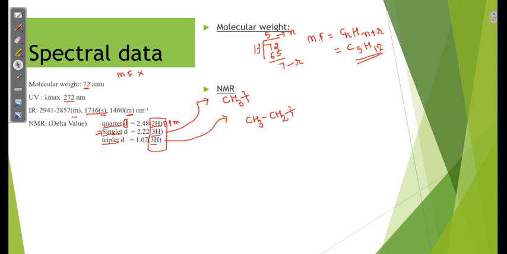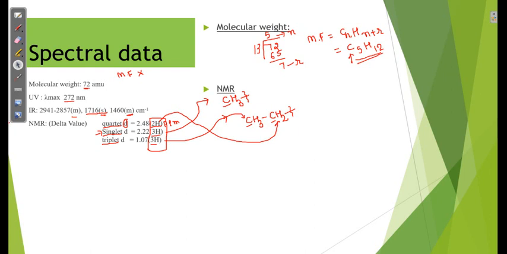Then this comes here. This is 2H, and the 2H is a quartet, so most probably it is matching with this pair. From that we come to the conclusion. Now matching the number of carbons, there are 1 carbon, 2 carbon, 3 carbon, but depending on the molecular formula there is a possibility of 5 carbons.